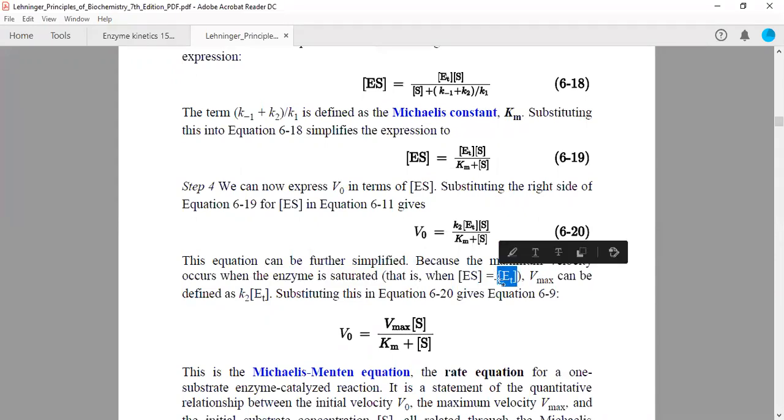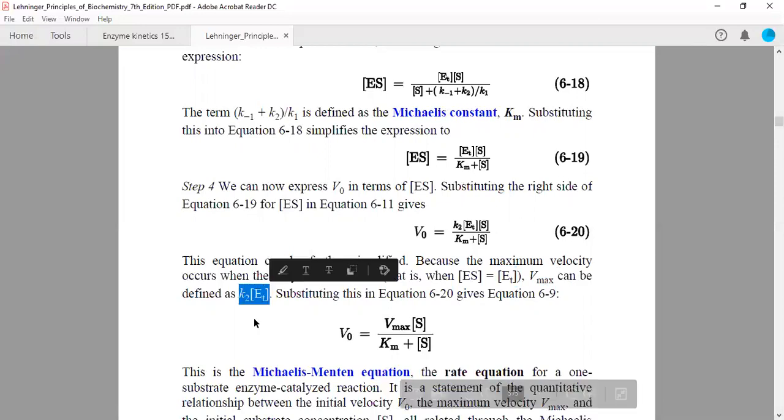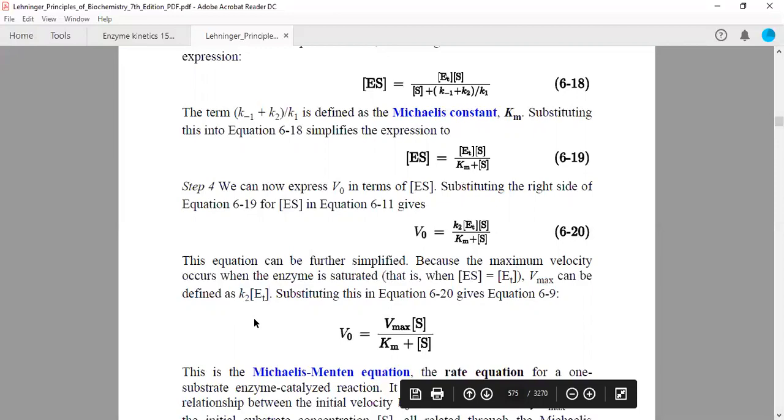There is no free enzyme at all. So the enzyme total will be equal to enzyme substrate complex. Therefore, the V maximum can be defined as K2 Et, because when you have a saturating effect, all the substrate are bound to enzyme.